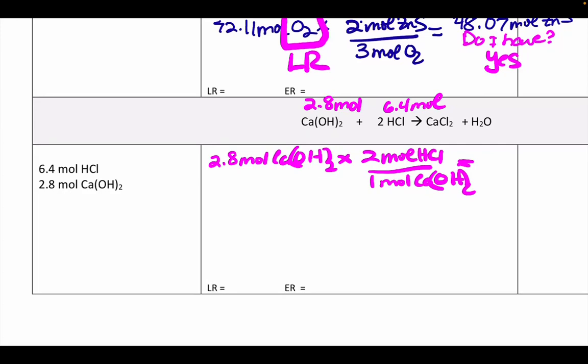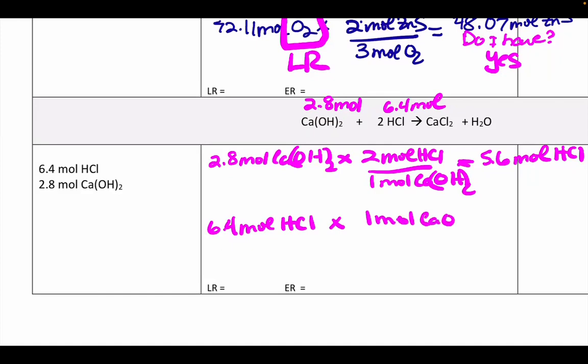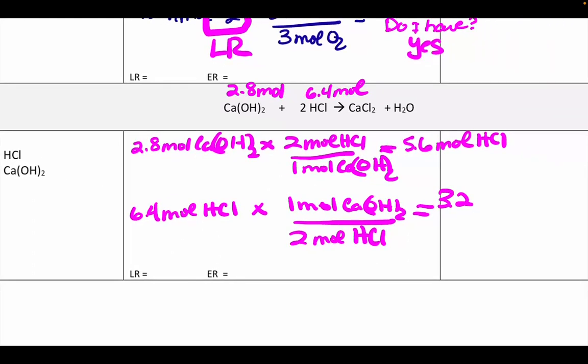So when I do that, I get 5.6 moles of HCl. Or I could have gone the other way, 6.4 moles of HCl, 1 mole of calcium hydroxide for every 2 moles of HCl. And then I get 3.2 moles of calcium hydroxide.